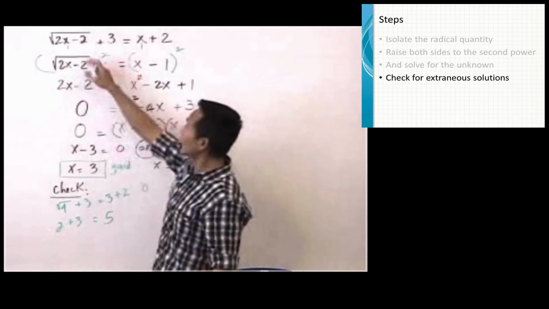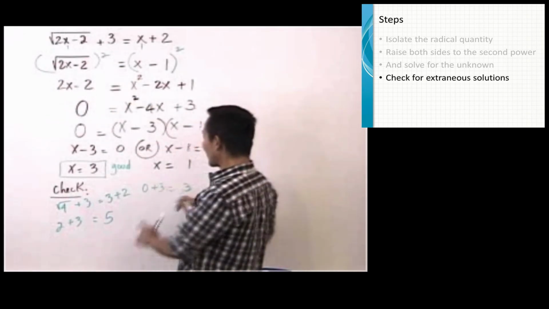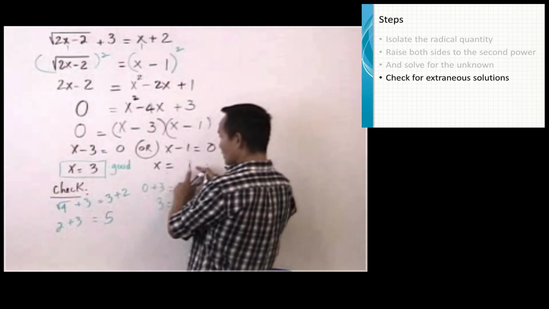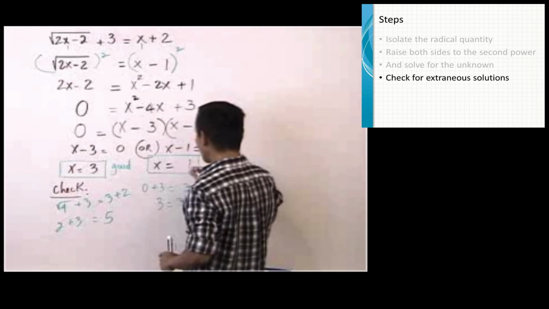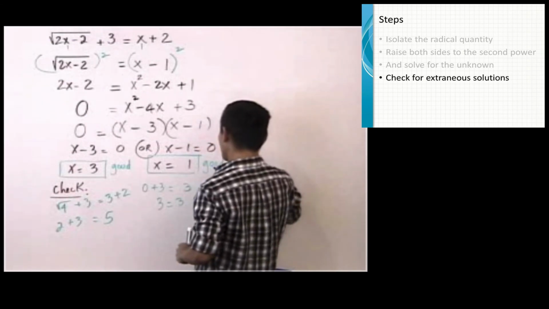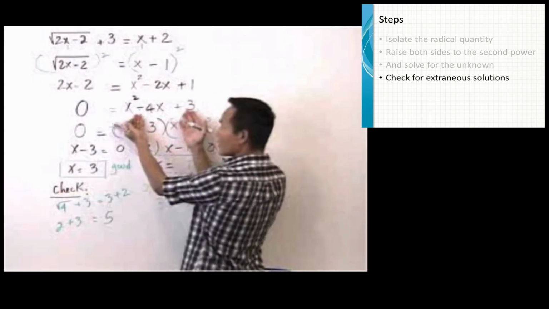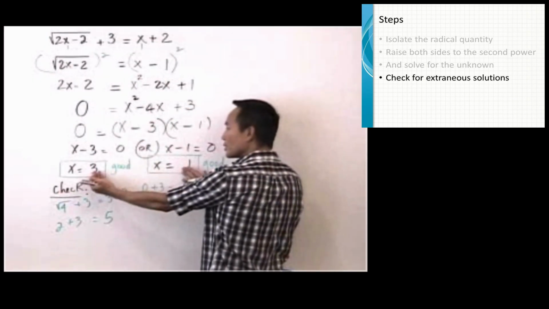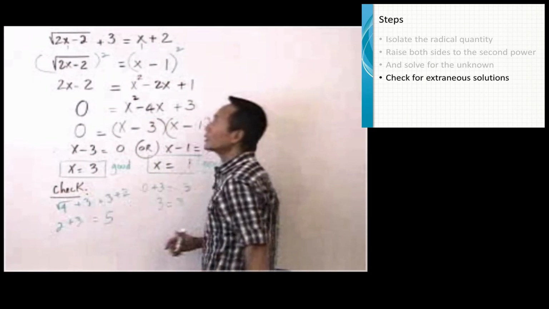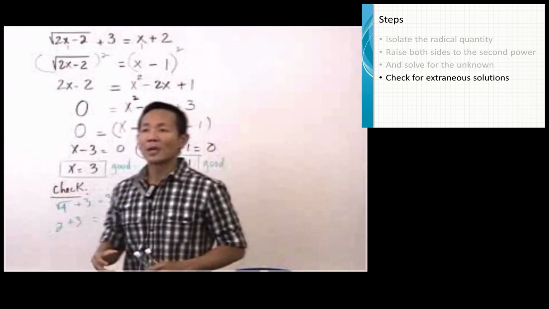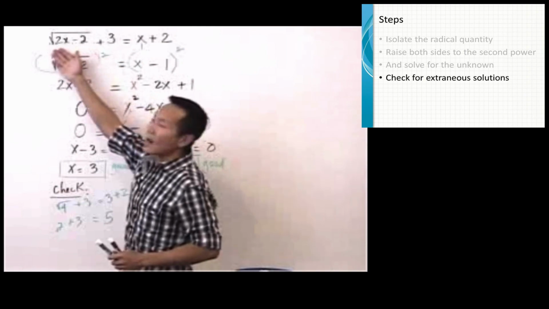Square root of 0 is 0. 0 plus 3 is 3. So 1 is also checked, and therefore it is good also. So I solved this equation, and I end up with 2 solutions, and they're both good. That is how to solve a radical equation with one radical quantity.